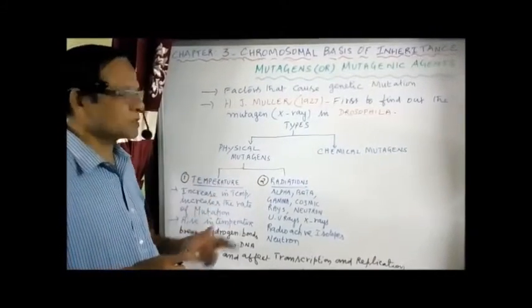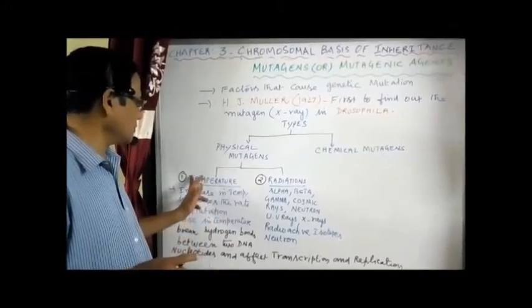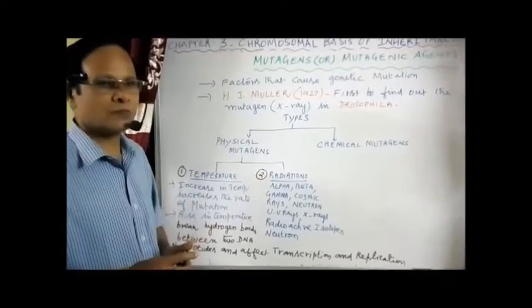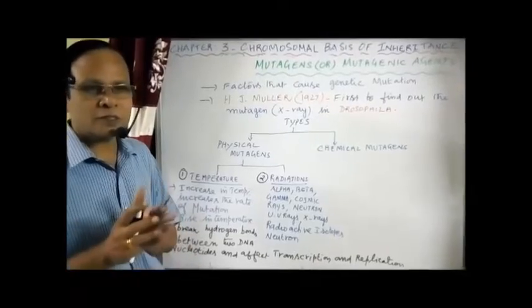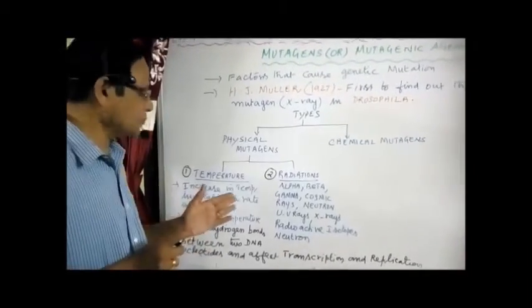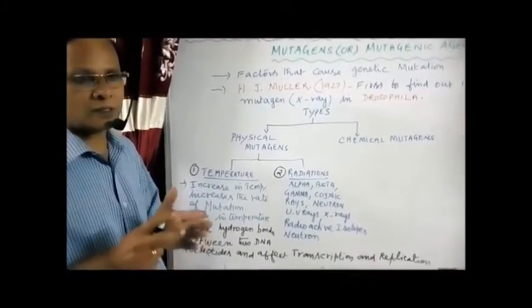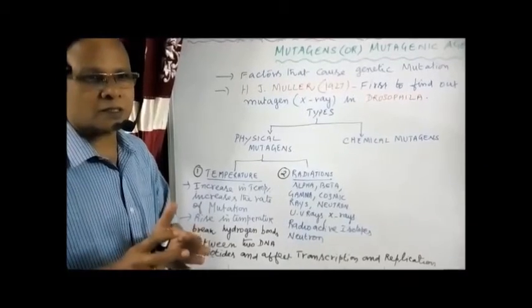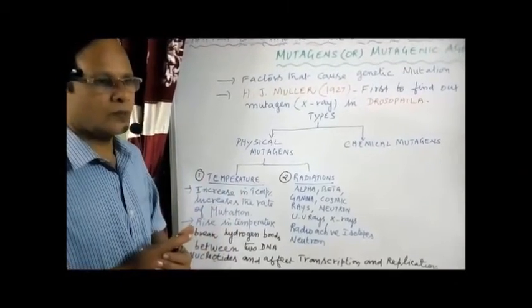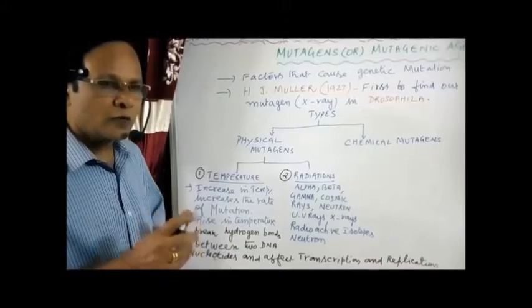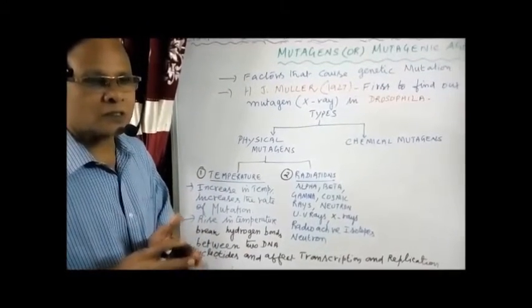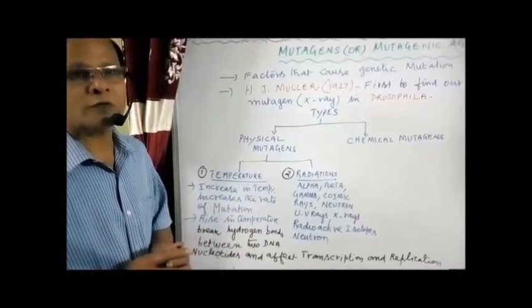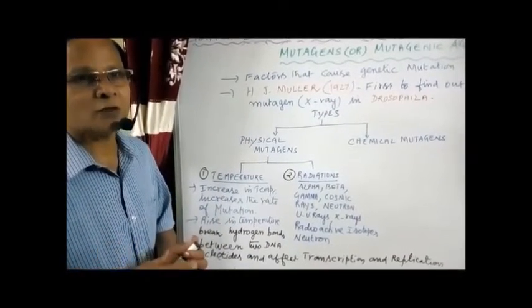Again, the physical mutagens include number one, temperature, and number two, radiations. Now what is the role of temperature? When the temperature is increased, the rate of mutation also increases. How does it cause mutation? A rise in temperature causes the breakdown of hydrogen bonds between the two strands of DNA nucleotides.